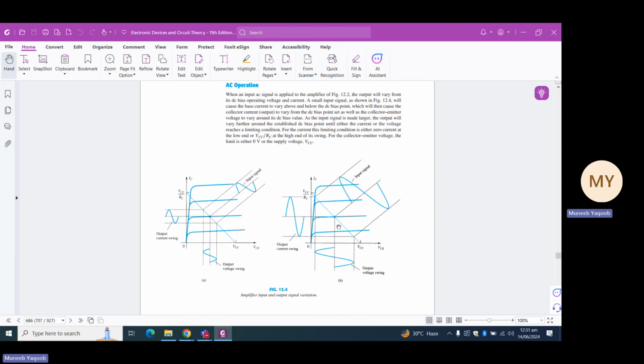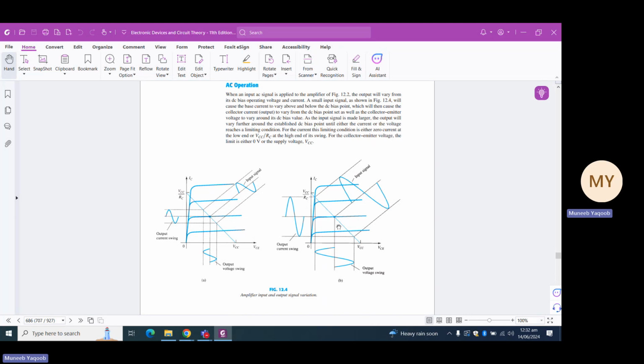It is a very complex figure here, and it is quite difficult to make you understand how we draw the input signal and the corresponding output signal. I will just give you an idea. First of all, we draw the output characteristic curve using the specification of the transistor.